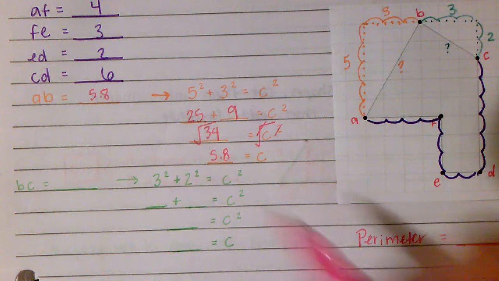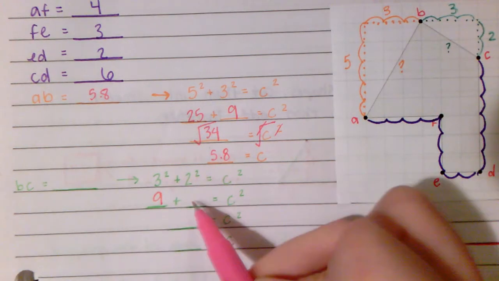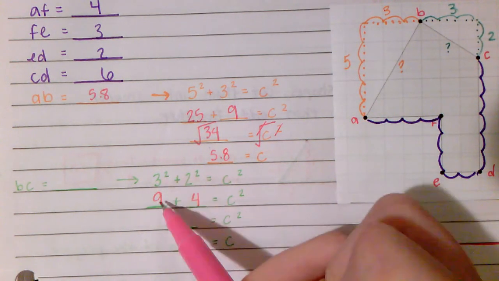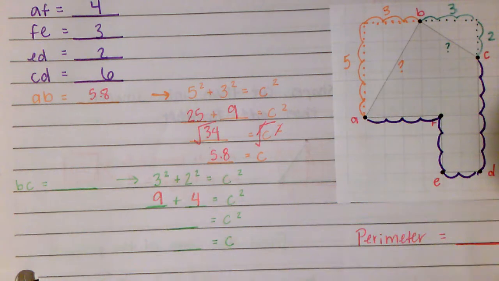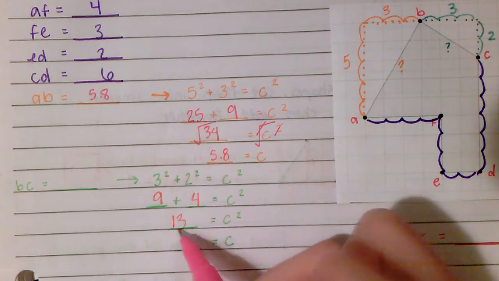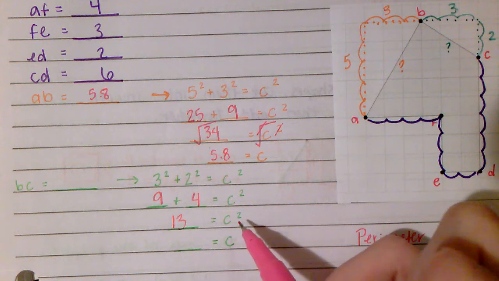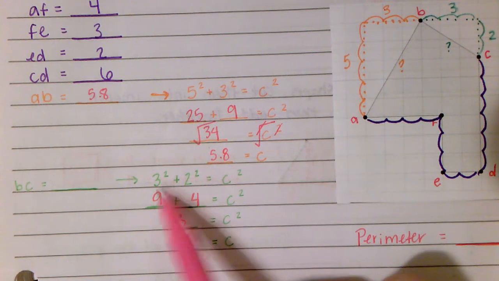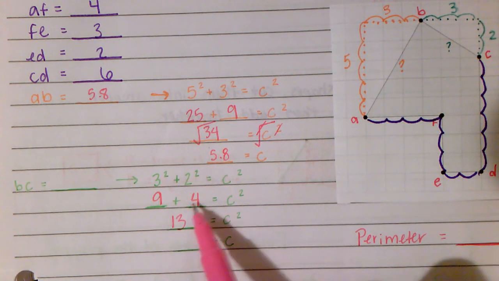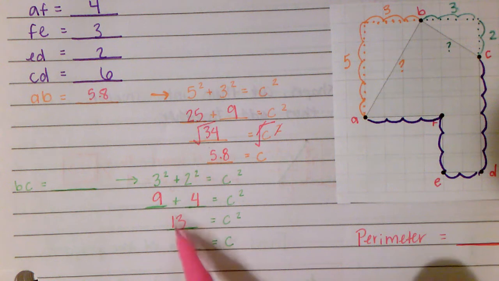So what is 3 squared? 9. What is 2 squared? 4. 3 times 3 is 9. 2 times 2 is 4. What's 9 plus 4? 13. And to get c completely by itself, at this point, once we plug these numbers in, we just simplified them and combined like terms. So there's nothing else you can do on this side.